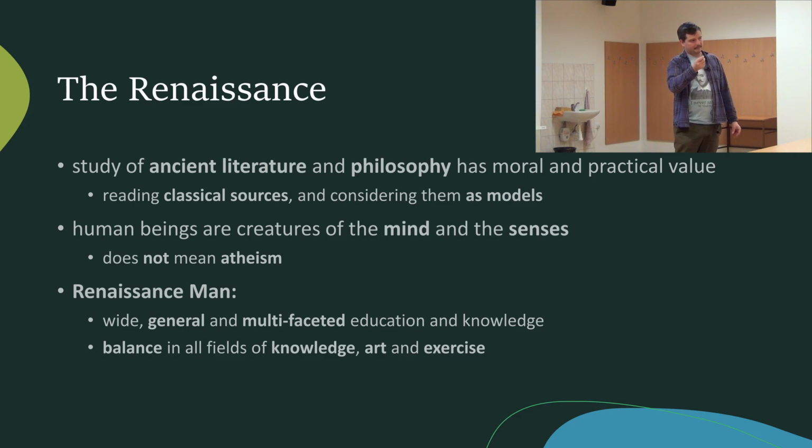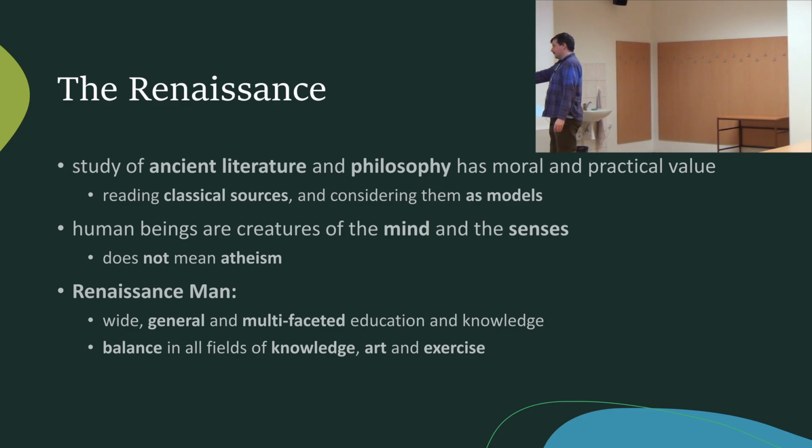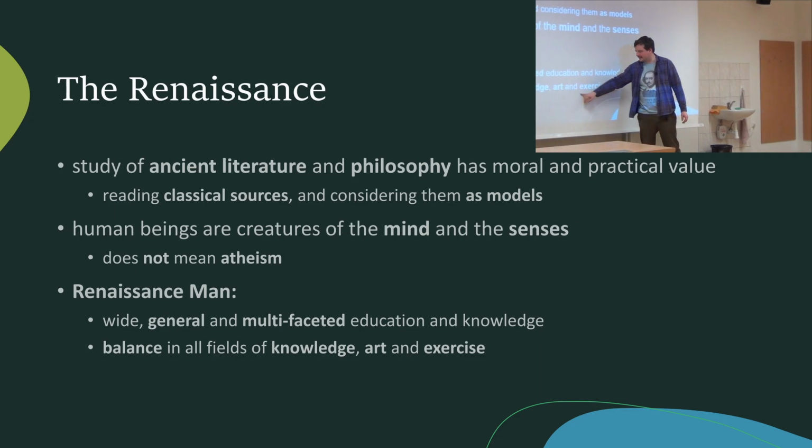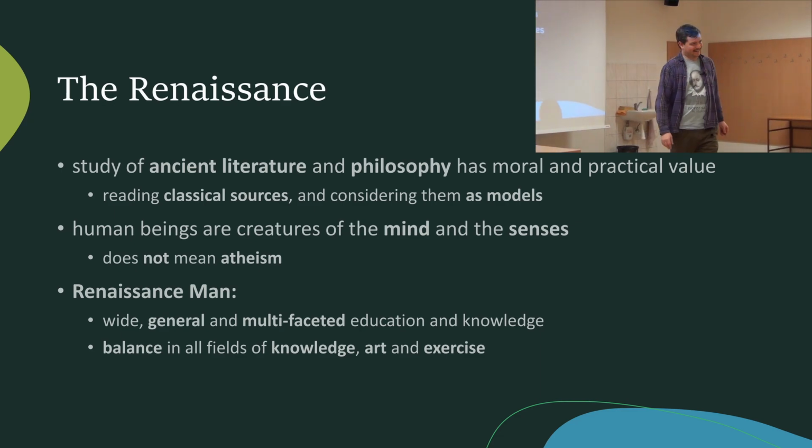So not like me, that I know some things about art and I can talk about it, but that actually you would be either a good painter or a good sculptor or a good musician or something, besides being well educated. And another reason I cannot be a Renaissance man, you would actually have to have a really sexy body.